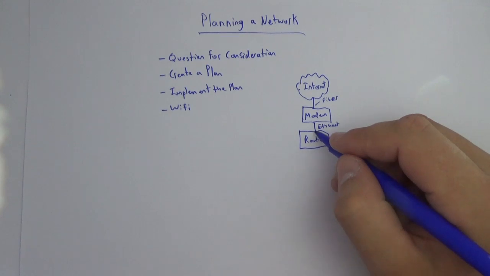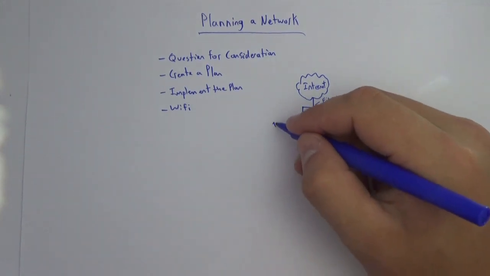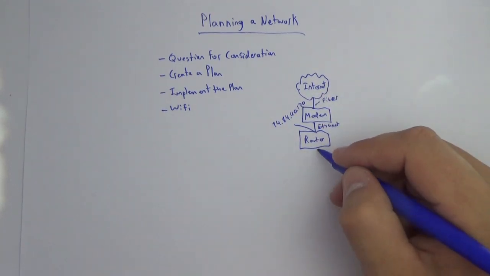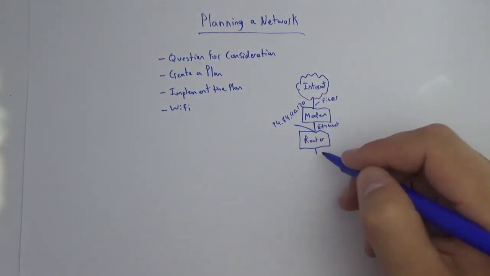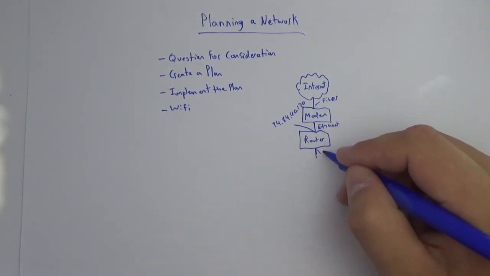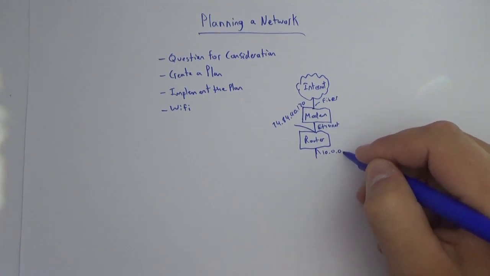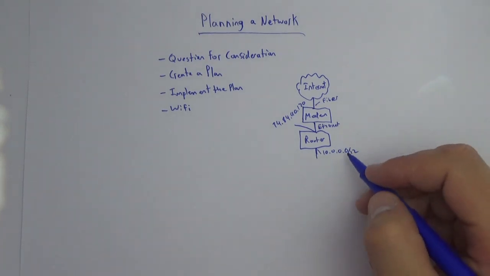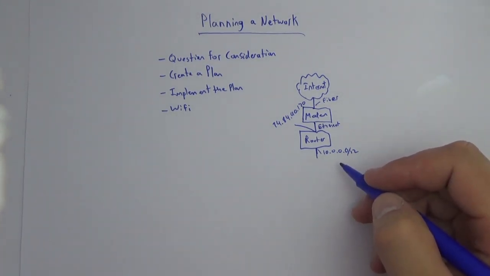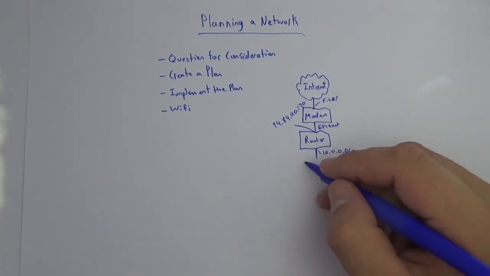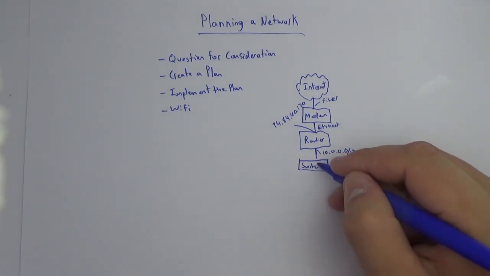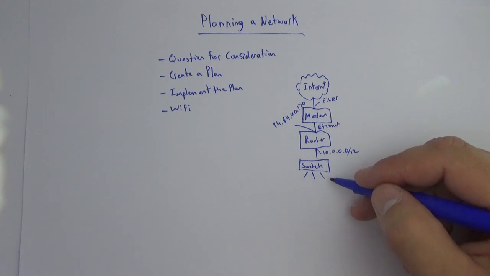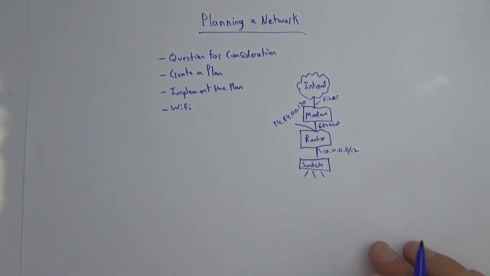The router is going to have a public IP address, something like 74.84.90.120 on the external interface, and then on the inside, it's going to have some internal network address. Something like a 10./12, something that's actually an IP address within that range. The router is then going to connect to a switch, and that switch is going to be responsible for dividing up that connection to a variety of other devices.